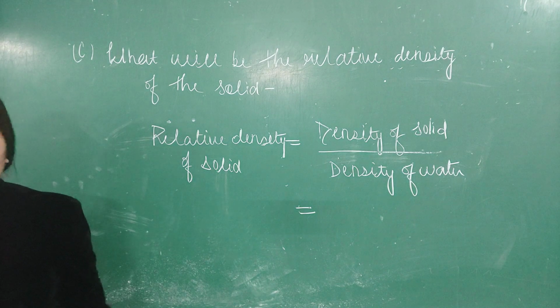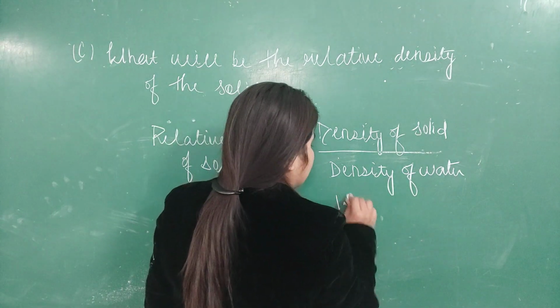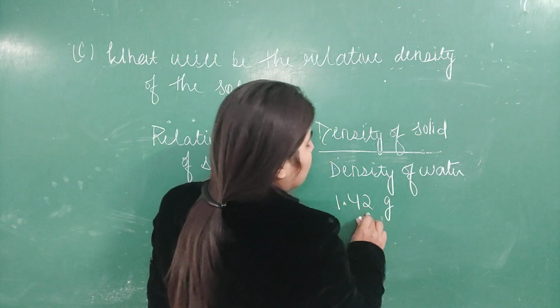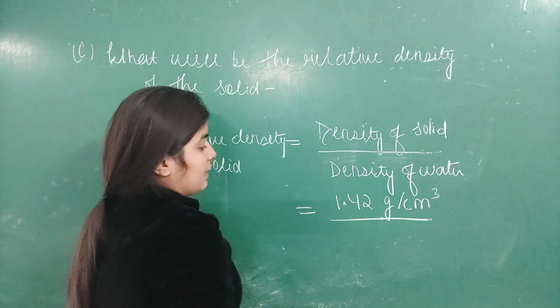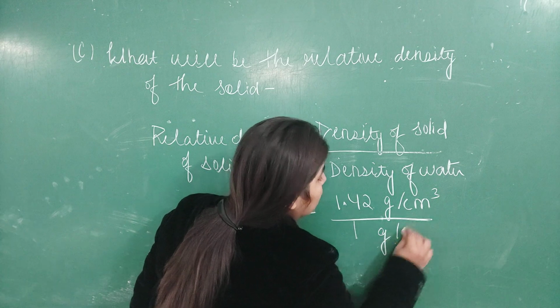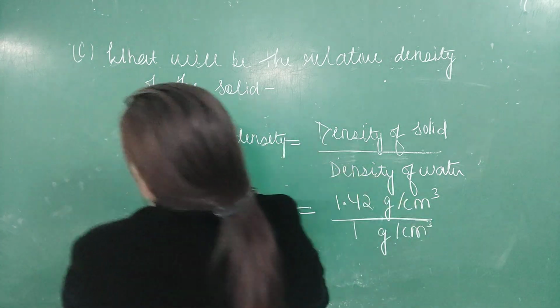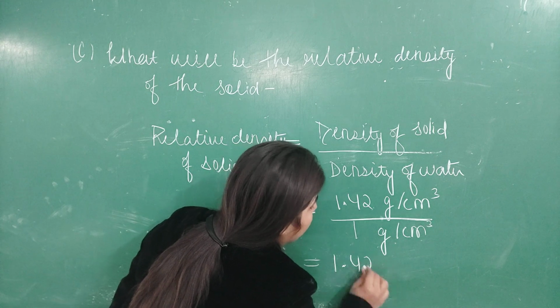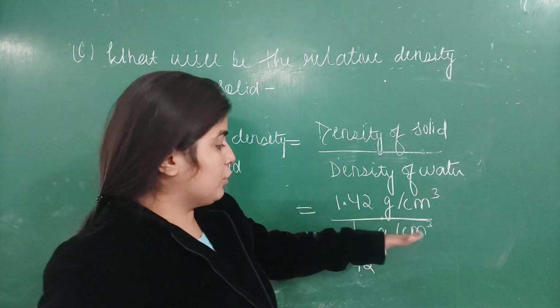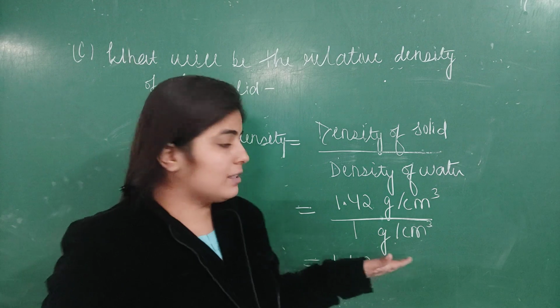What is the density of the solid? In the first part of the question we have 1.42 gram per centimeter cube. And we know that the density of the water is 1. So its value will be 1.42. ग्राम पर सेंटीमीटर क्यूब से ग्राम पर सेंटीमीटर क्यूब कैंसिल हो जाएगा.